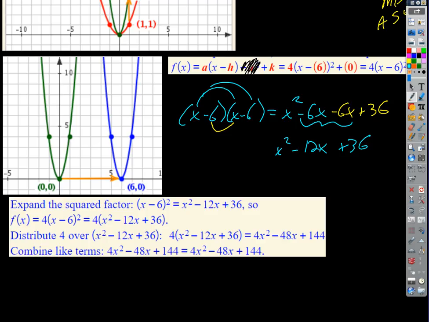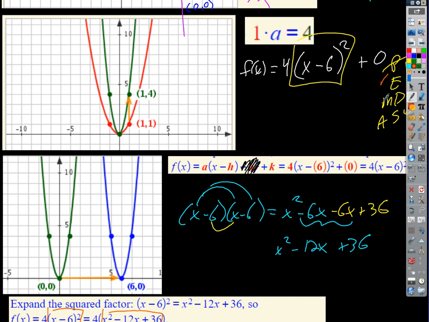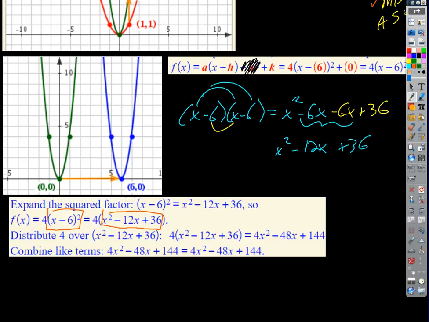So that's step 1, the exponent part. I'm going to replace what used to be x minus 6 squared with all that. What's next? I did exponents, now I multiply, and multiplying means distributing.